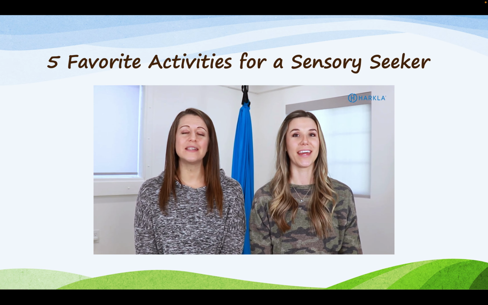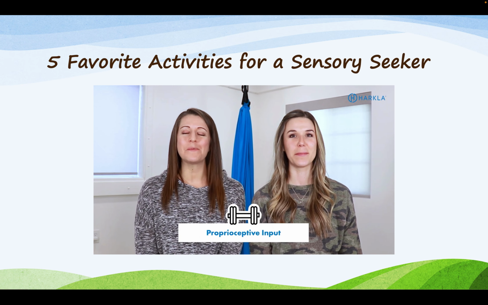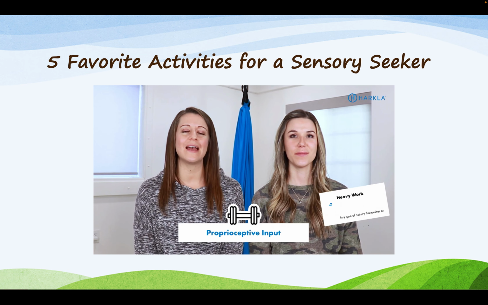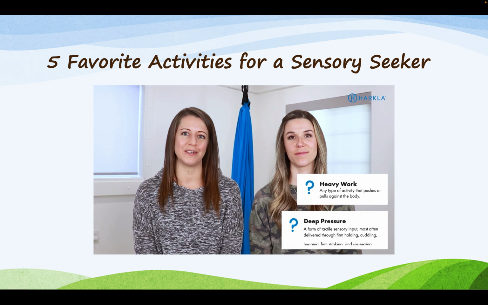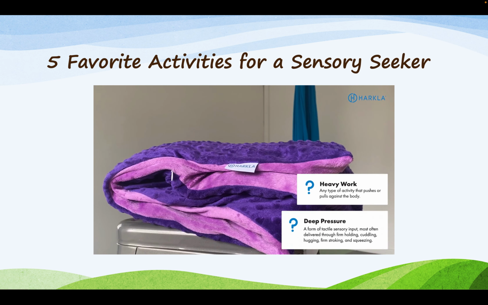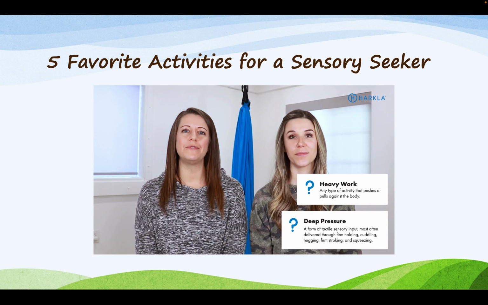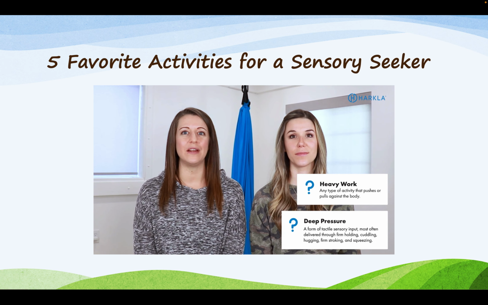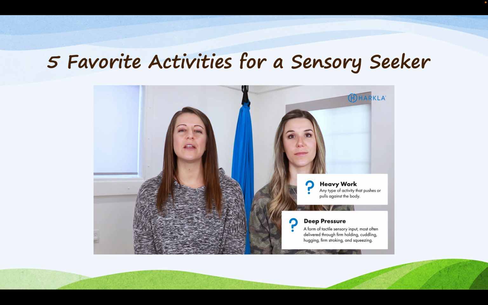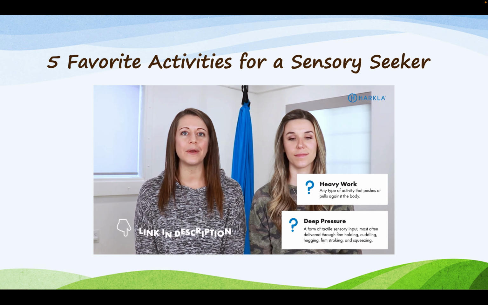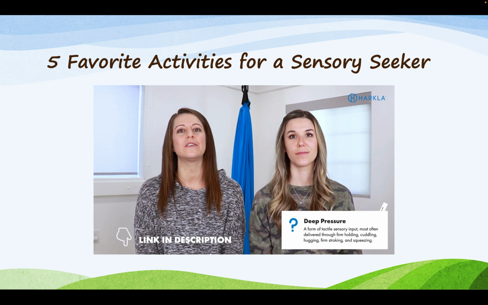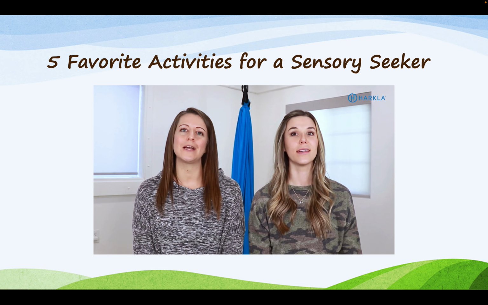Okay, number 4 is going to be lots of proprioceptive input, which is heavy work and deep pressure. Weighted blankets, weighted vests, weighted lap pads are all great tools. We do have several different videos on using our weighted products for ideas on how and when to use them appropriately so they don't get overused, but so that they're actually helpful to your child's sensory system.